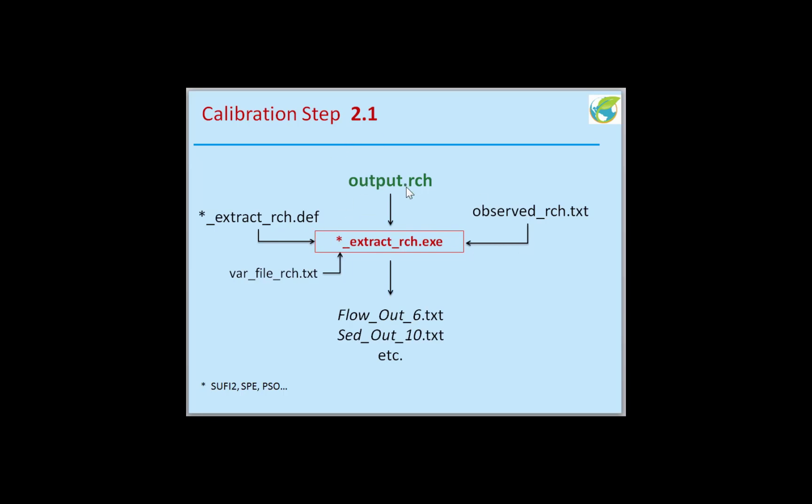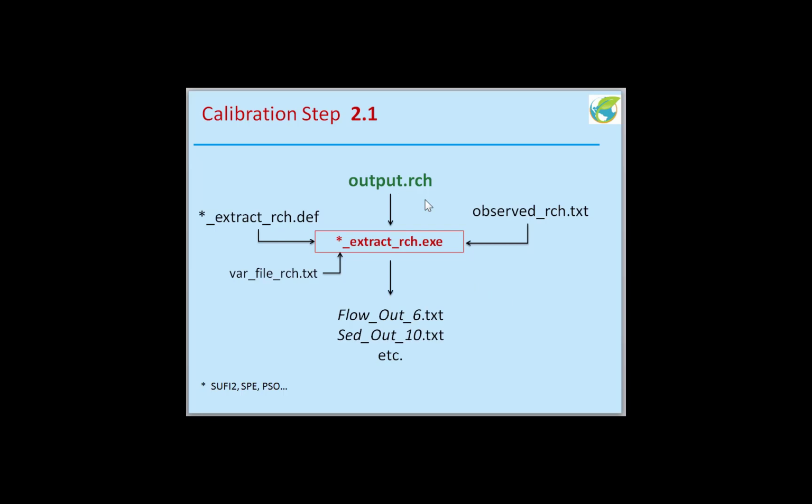Next to the output.reach, you need to define what you're going to extract and when, from what subbasins and at what time. And then you have an observation reach file where your observation resides. And then you have a variable file reach where the variable names are. And then you get the desired output from this program.